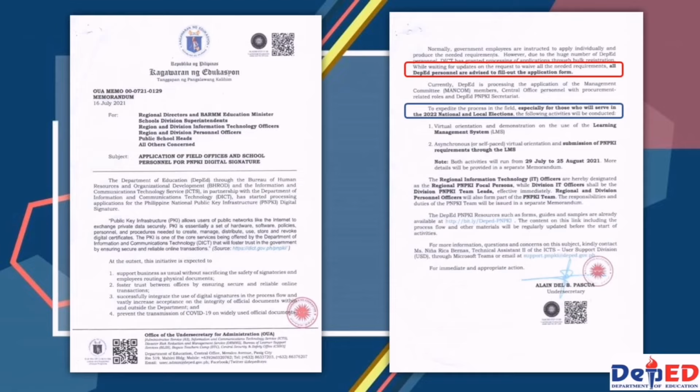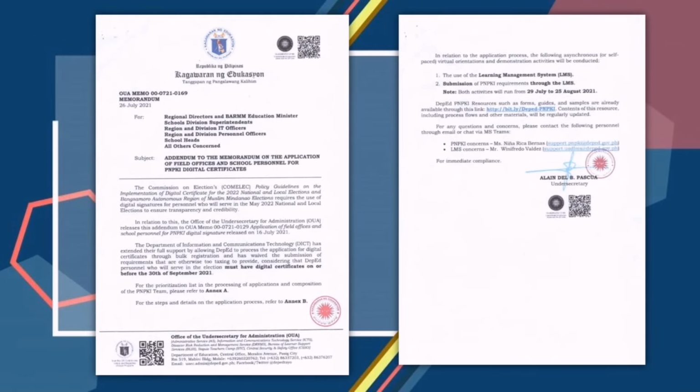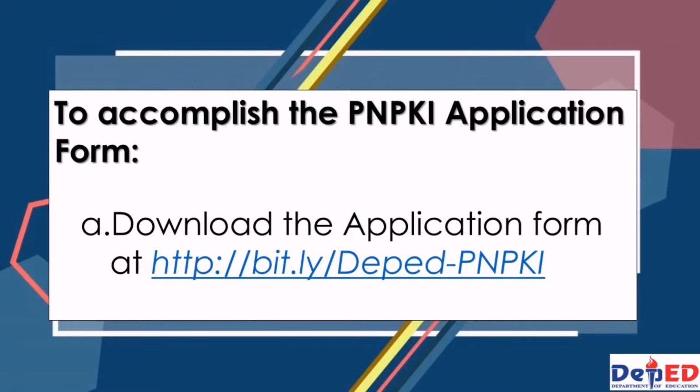Take note, while waiting for updates on the request to waive all the needed requirements, all DepEd personnel are advised to fill out the application form, especially those who will serve in the 2022 national and local election. To accomplish the PNPKI application form, you need to download the application form at this link.